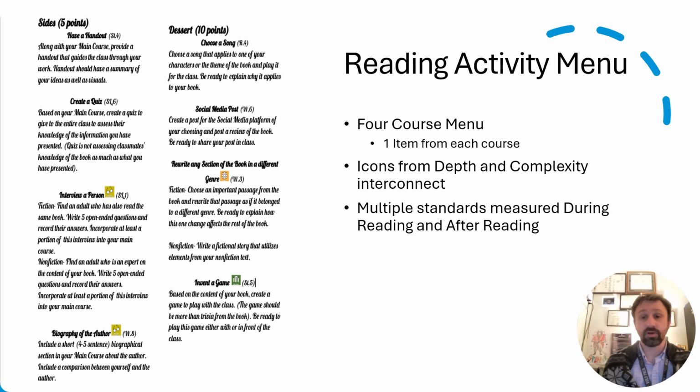My menu is organized in the form of a four-course menu, where students need to choose an appetizer to be submitted during their reading of the text and before their main course. The main course is presented to the class with a side that is intended to enhance their presentation. For example, if a student chose to do a TED Talk which relates to big ideas from depth and complexity, they can pair it with a side such as interview a person, which is connected with point of view.